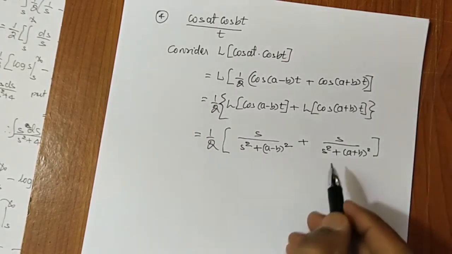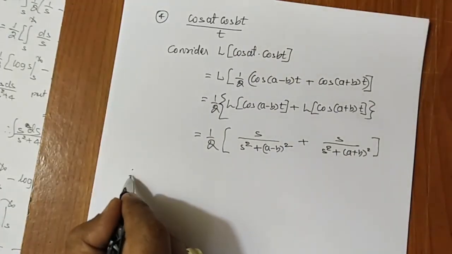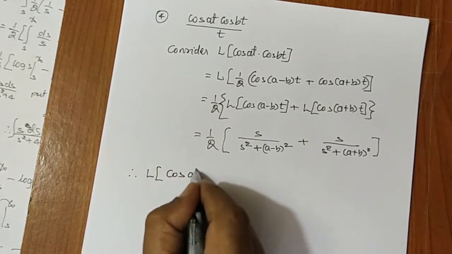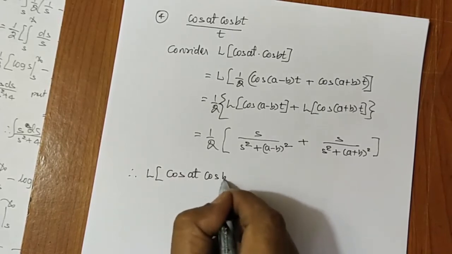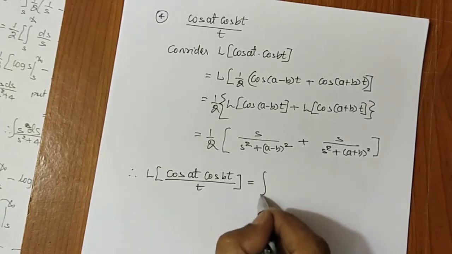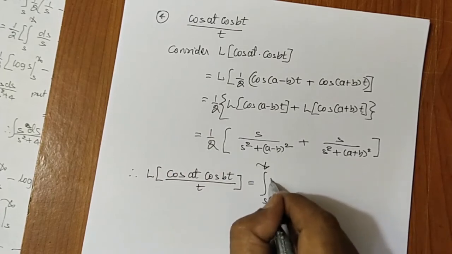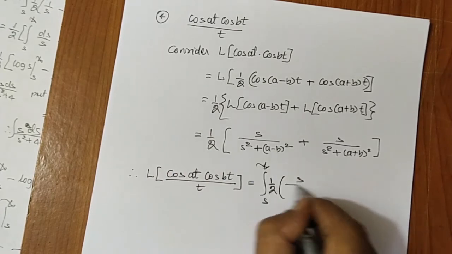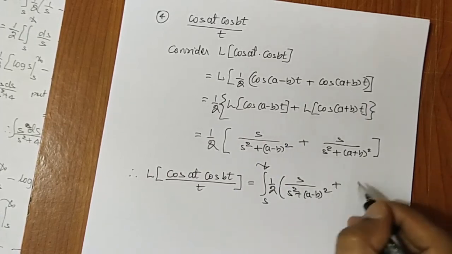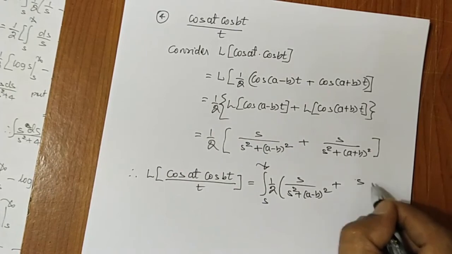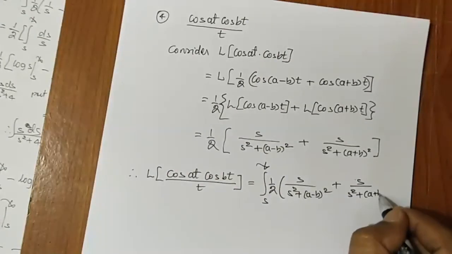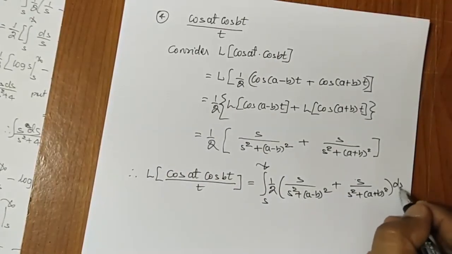So therefore, I can say this is f of s. Therefore, L of cos at into cos bt by t will be the integration from s to infinity of half of s over s squared plus (a minus b) whole squared, plus s over s squared plus (a plus b) whole squared, dx.